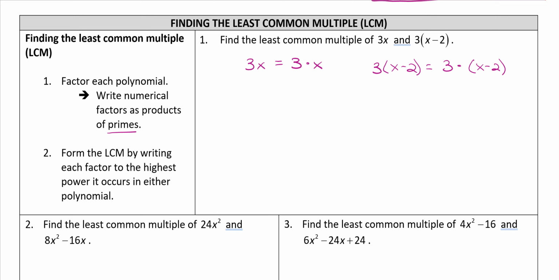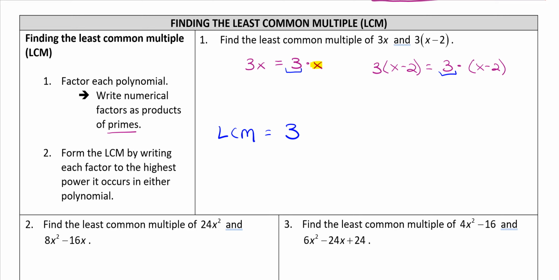Now we're going to start by looking for the things they have in common. So when I look at these problems, I noticed right off the bat we have a 3 in common. So part of my least common multiple, I'm going to need a 3. Then I'm going to look at the things that they don't have in common. In this case, this one has an x.